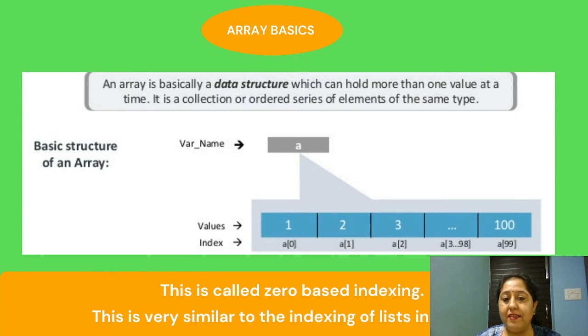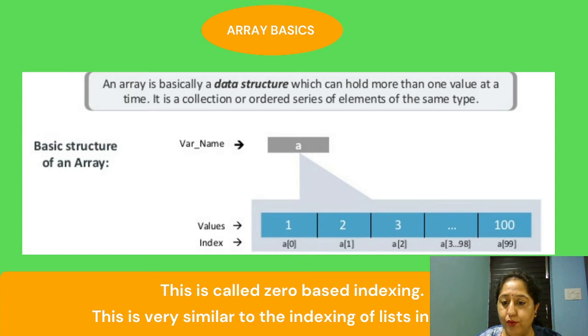Array is basically a data structure which can hold more than one value at a time. Actually, it is a collection or ordered series of elements of the same type. The name of the array, for example, is A. This variable name, A, will have two things.